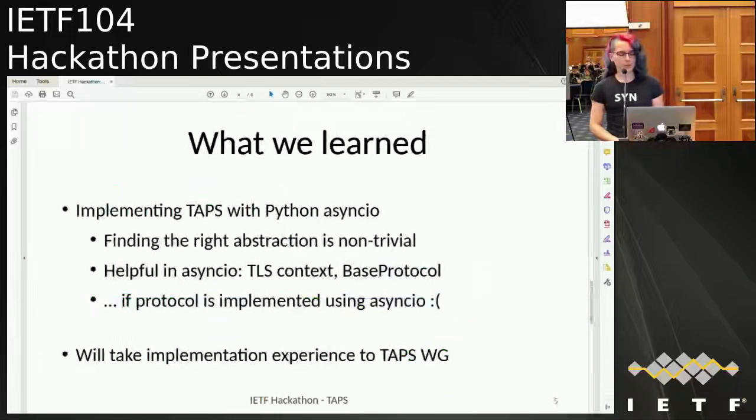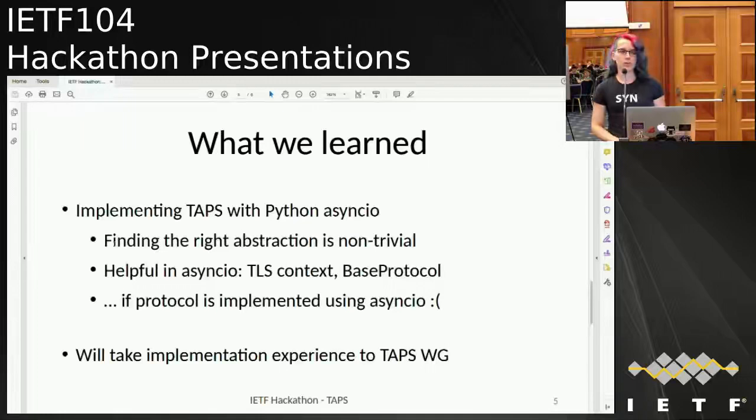What we learned is that finding the right abstraction is non-trivial. APIs are hard. Even within Python asyncio, we started out with a more high-level abstraction that worked well for TCP and TLS over TCP, but then we had to go down a layer within asyncio, and now we're implementing the protocols on top of the base protocol abstraction. If the protocol is implemented using asyncio, we think it will be possible to integrate all those transport protocols into our prototype.